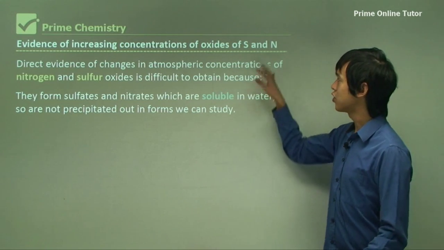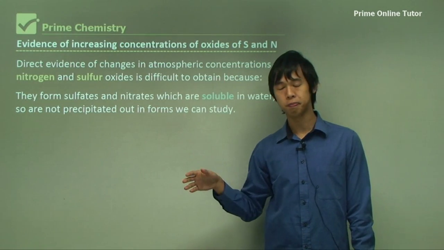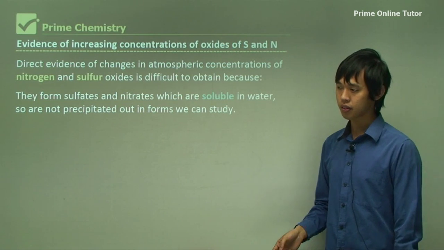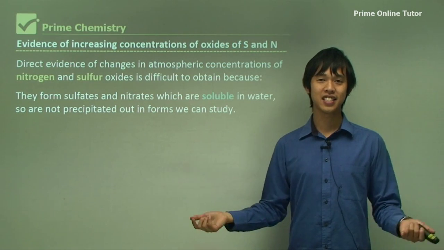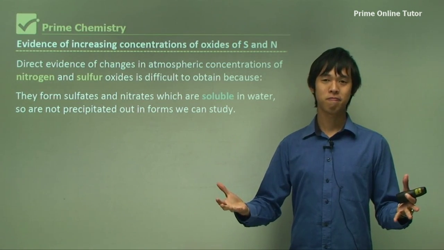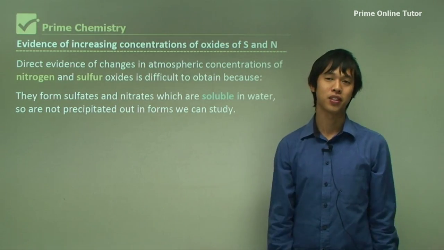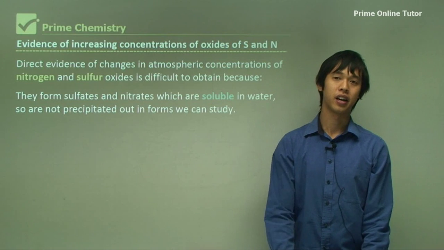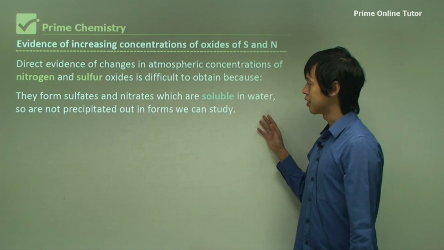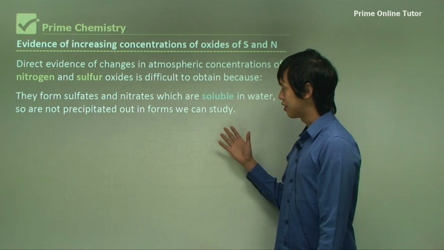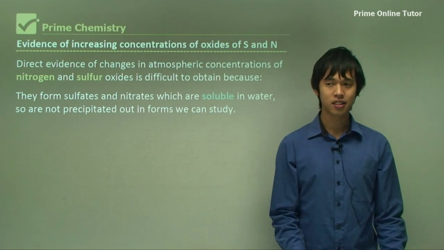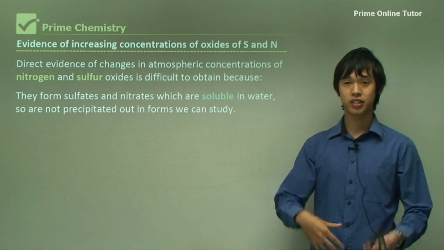So as soon as it rains in one spot, a lot of the nitrogen and sulfur come out of the atmosphere because the rain pulls them to the ground.